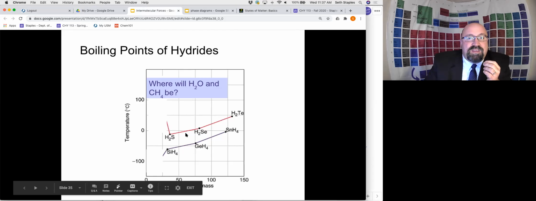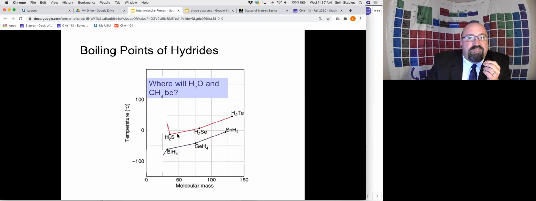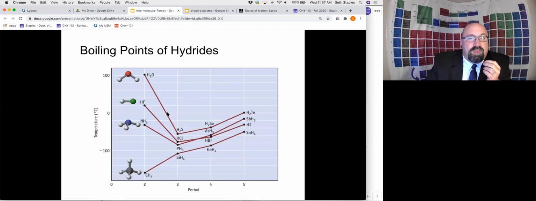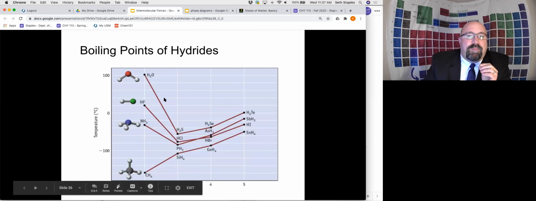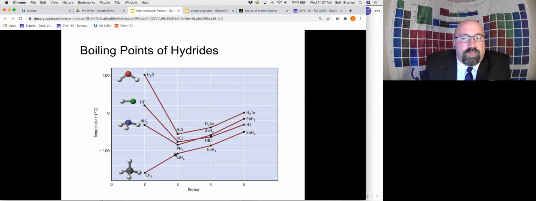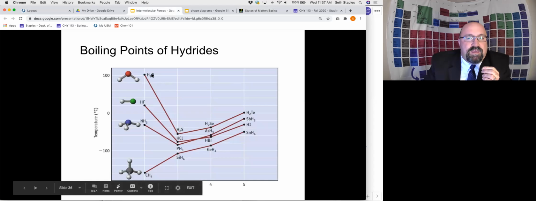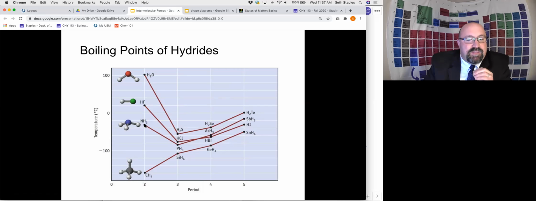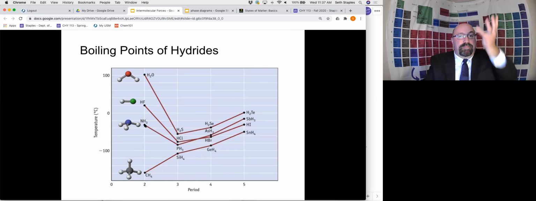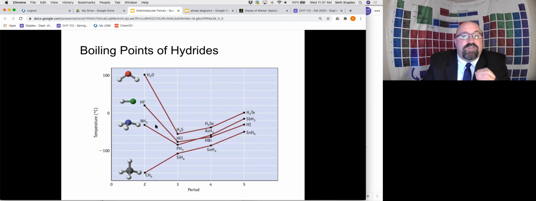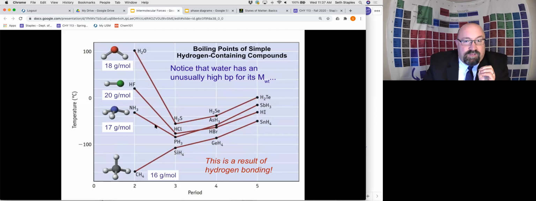And what we can see is that, since none of these have hydrogen bonding, we jack way up when we add water into the mix. I know these graphs don't quite line up, but this really illustrates, especially these 3 right here, that when we change to an atom that has the capability of hydrogen bonding, the boiling points shoot way up because those hydrogen bonds are so much stronger. And so it's a result of hydrogen bonding.